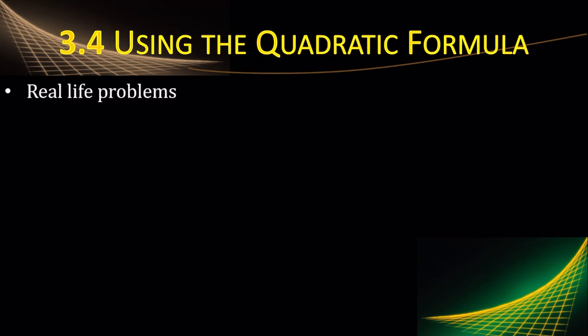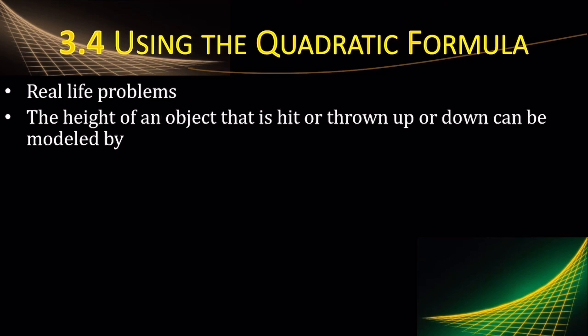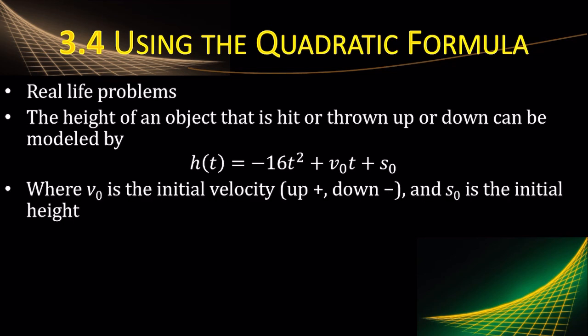In our real-life problems, or the word problems, the height of an object that's hit or thrown up or down can be modeled by this function. The height as a function of t, so t is time. It's negative 16t squared plus v0 t plus s0, where v0 is the initial velocity and s0 is the initial height.